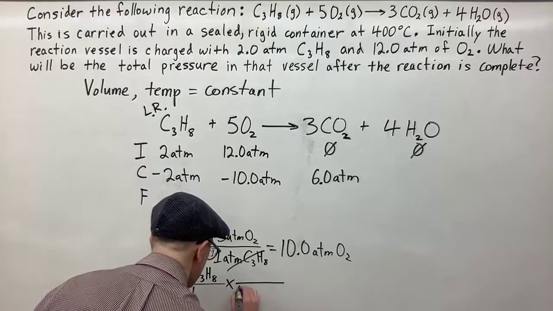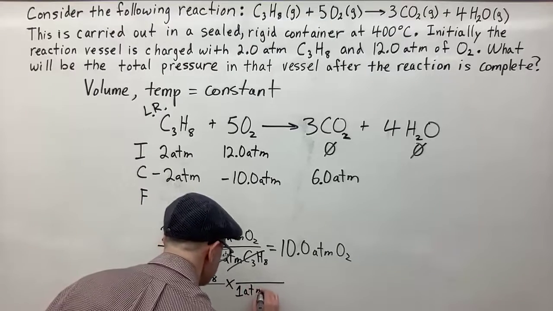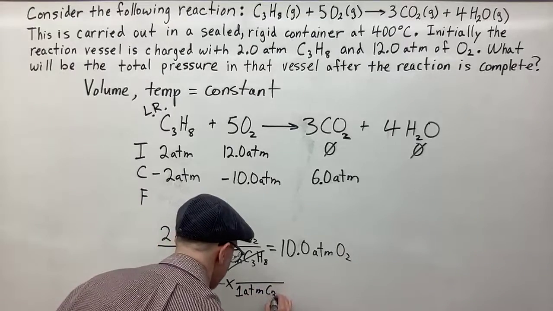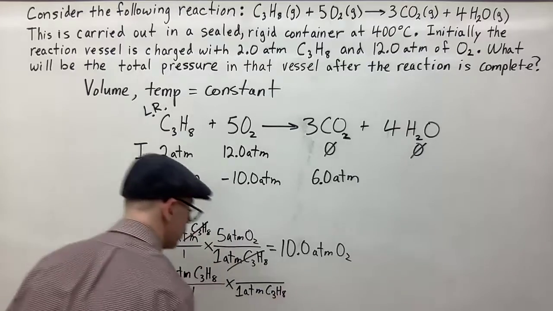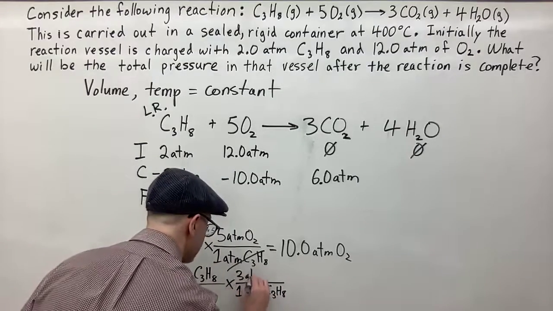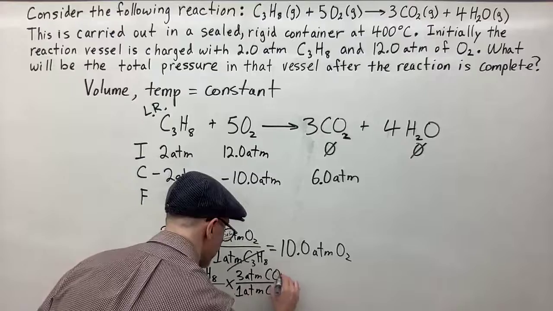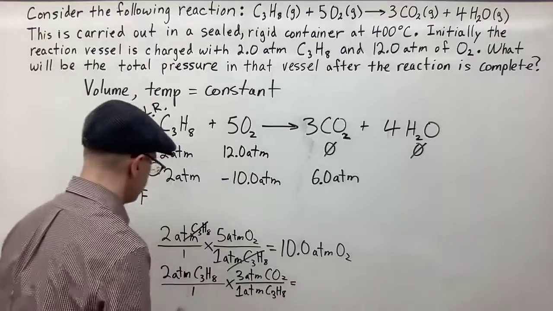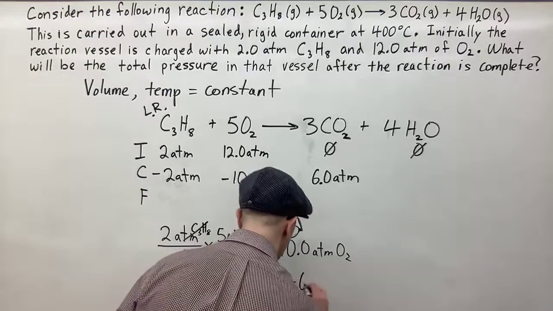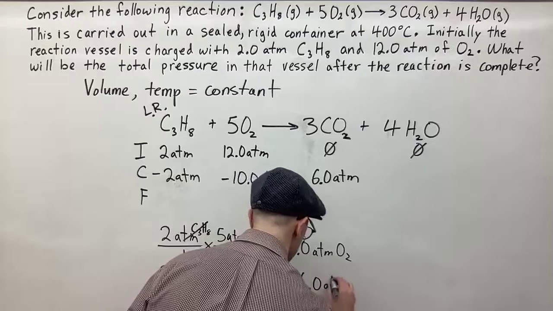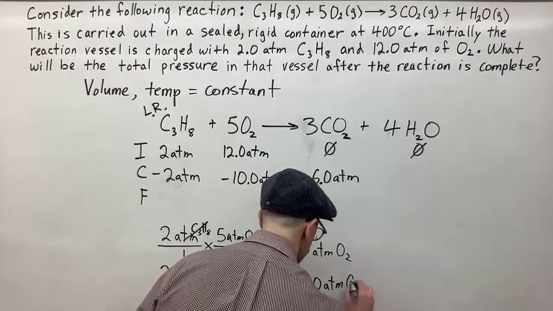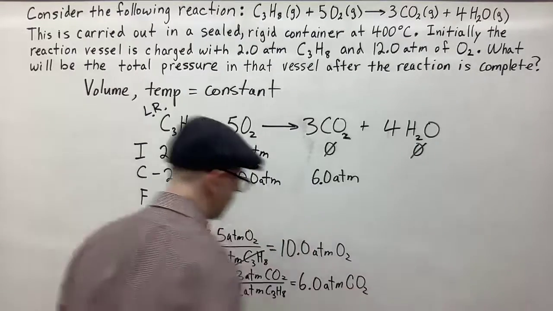So I'm going to have 1 atmosphere of the propane on the bottom and 3 atmospheres of carbon dioxide on top. So 2 times 3 gives me 6.0 atmospheres of the carbon dioxide.